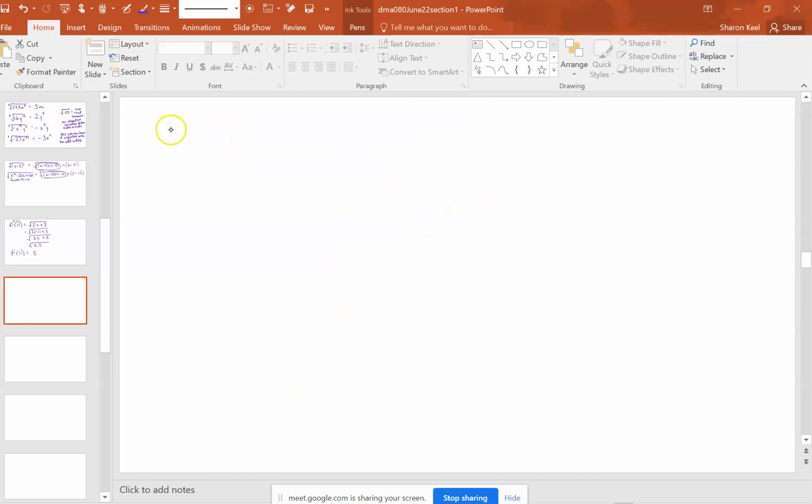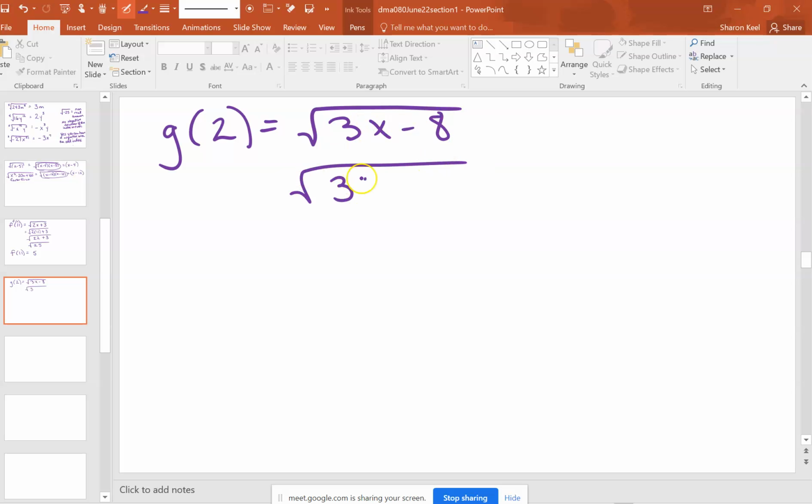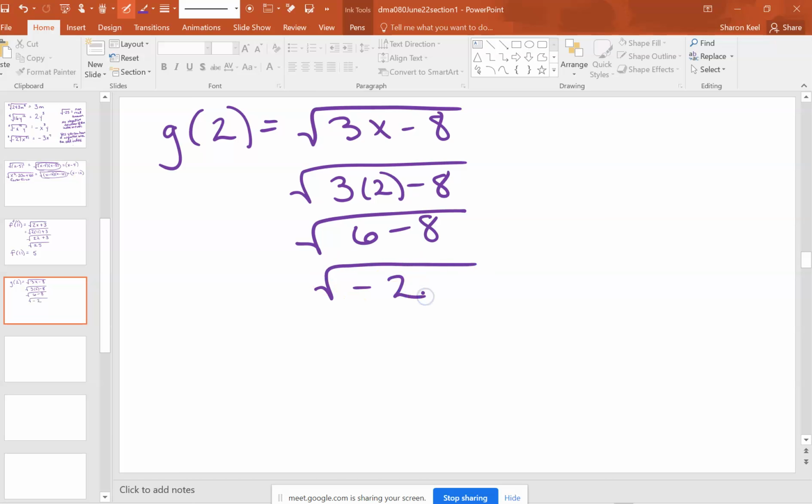If you had something such as g of 2, it's like g of x, but we're going to plug in a 2, and we have 3x minus 8. This would give me 3 times 2 minus 8. 3 times 2 is 6. 6 minus 8 is negative 2.